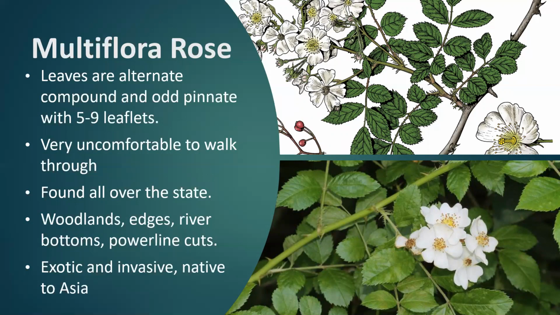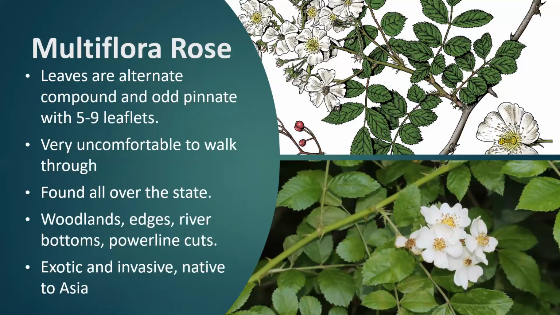You can also see it in the bottom picture right there, in the upper left near those flowers. That is the structure you're trying to look for. If that structure is fringed, like it is now, where it looks cut up and hair-like, that's going to be the invasive species. If that's one solid structure, that stipule, the portion where it comes off the stem, if that is one single structure and doesn't have this hair-like fraying in it, then those are going to be some of our native rose species.